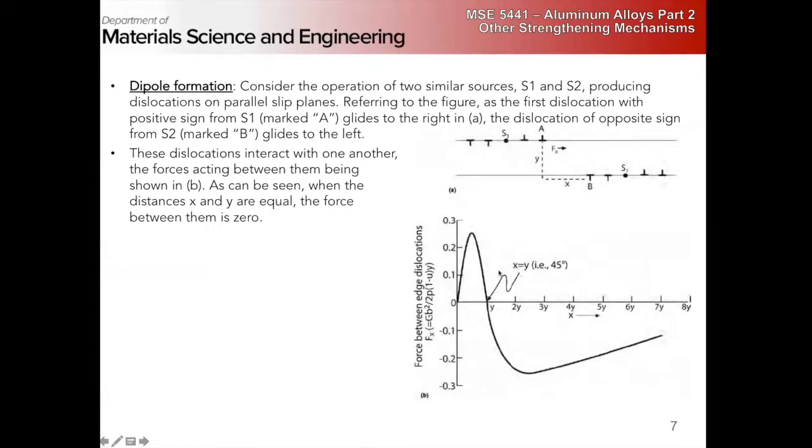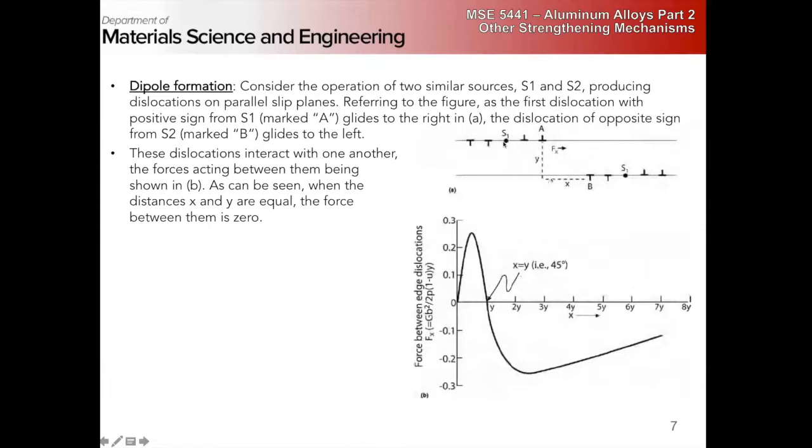And you can see that to move them closer together, I have to apply a force. And to move them farther apart, there's a negative force pulling them back together. So this is a stable zero force configuration. And to get them away from each other, I have to do work.